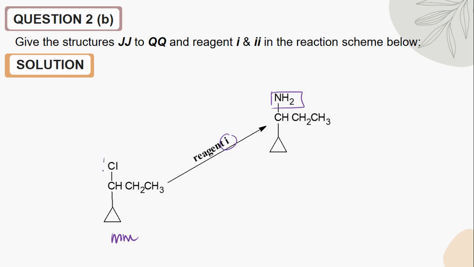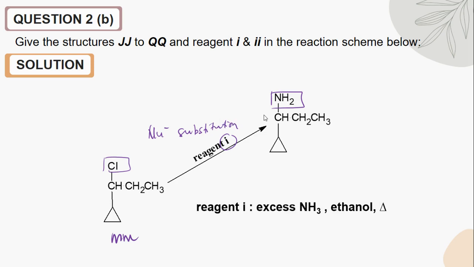So this is nucleophilic substitution of your Cl substituted with NH2. The reagent is excess NH3 in the presence of ethanol followed by heat. And this correct reagent gives you 1 mark.